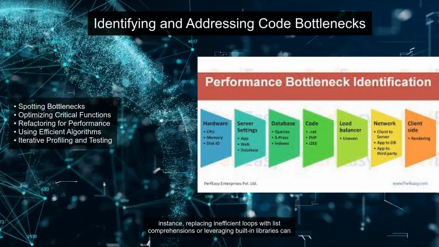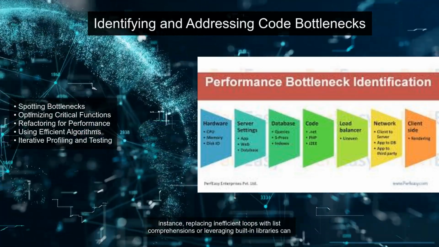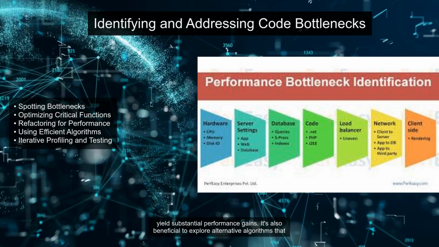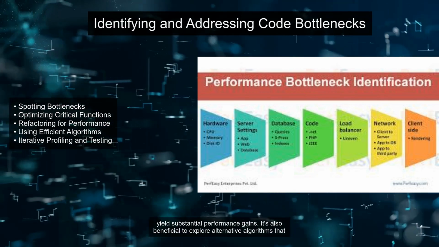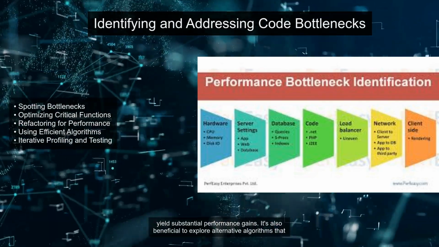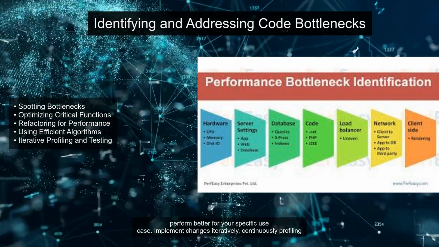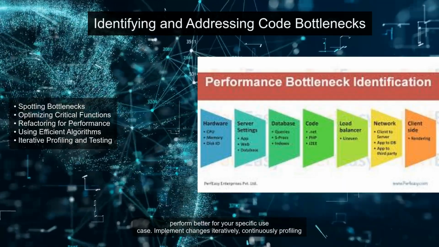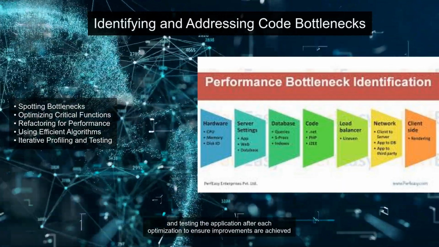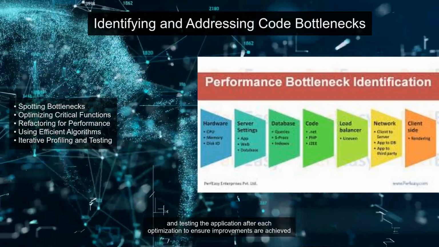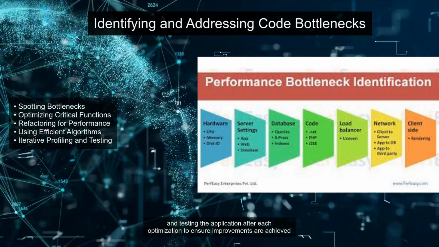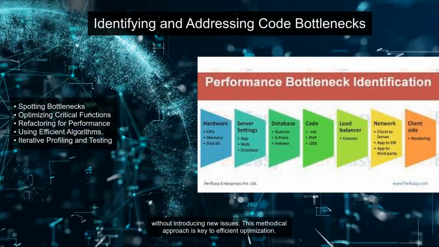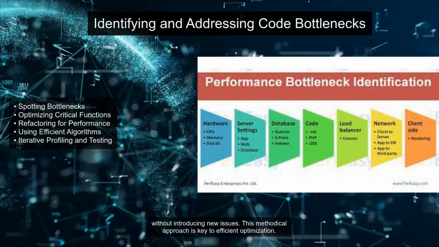For instance, replacing inefficient loops with list comprehensions or leveraging built-in libraries can yield substantial performance gains. It's also beneficial to explore alternative algorithms that perform better for your specific use case. Implement changes iteratively, continuously profiling and testing the application after each optimization to ensure improvements are achieved without introducing new issues. This methodical approach is key to efficient optimization.